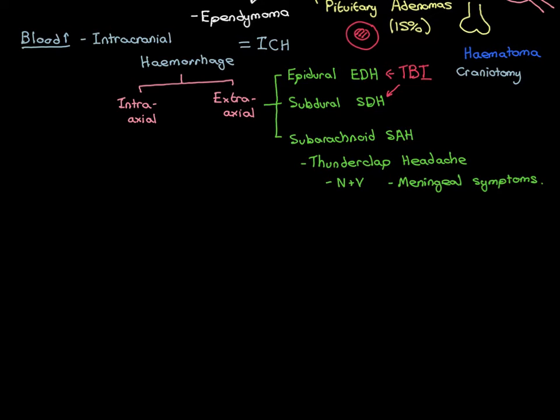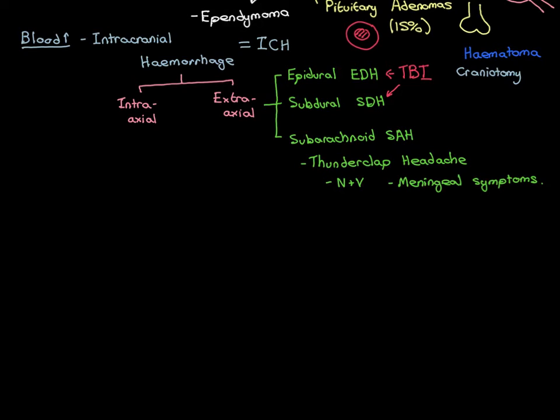But in addition to that, the blood directly activates the subarachnoid space meningeal nociceptors, and that's what makes the headache so severe and so sudden in onset. Okay, and you get the pronounced meningeal symptoms because you've got so much activation of meningeal nociceptors. So that explains the type of headache that you get in subarachnoid hemorrhage.